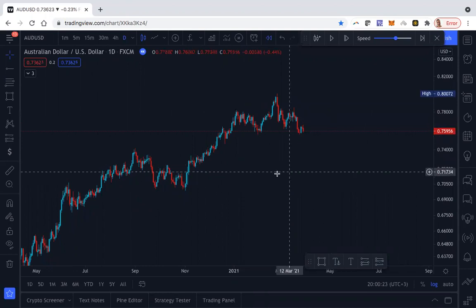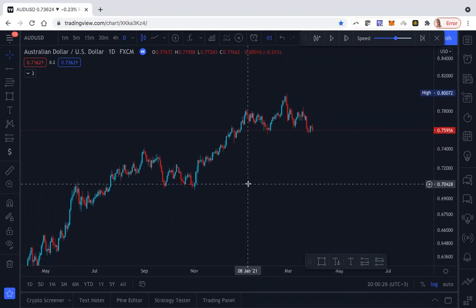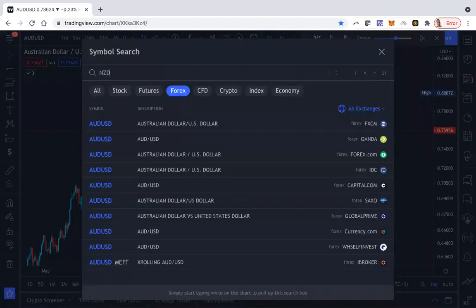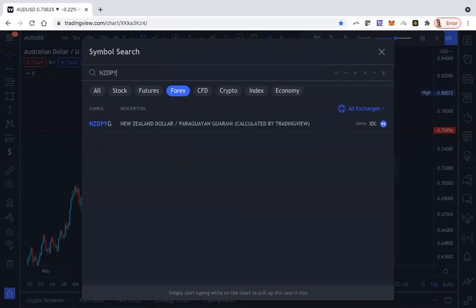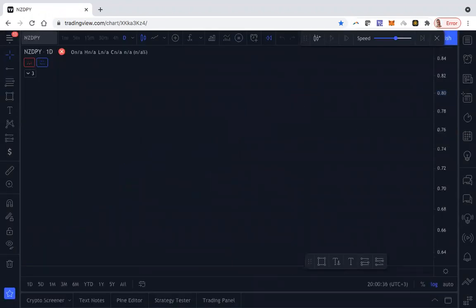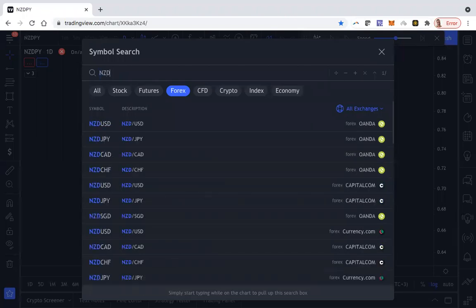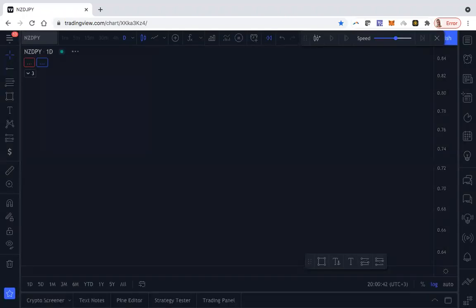What I'm going to do this evening is backtest AUDUSD. If you checked out my previous video on NZD-JPY, I did a backtest and gave a potential projection for where NZD-JPY was headed.